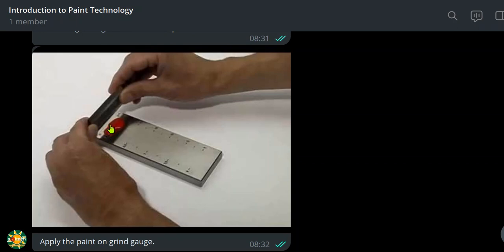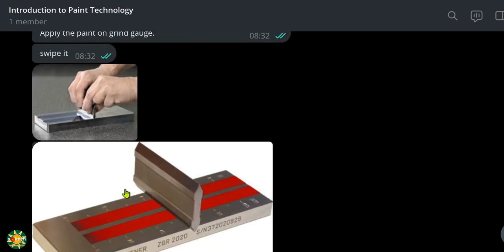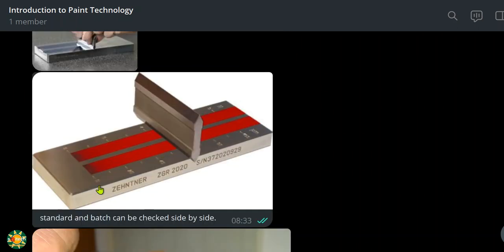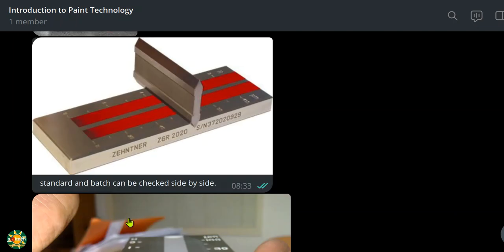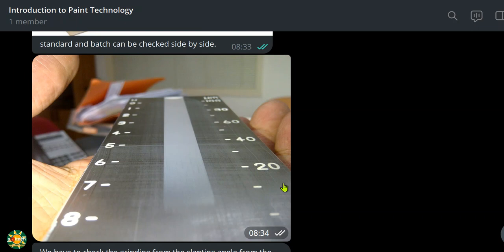Now you have to place a drop of a small quantity of ground paste, and slide it like this at a 45-degree angle. When you swipe, you are able to get the double beam. This is called the double beam grind gauge meter, and with its help you can check side by side how far the grinding is achieved.